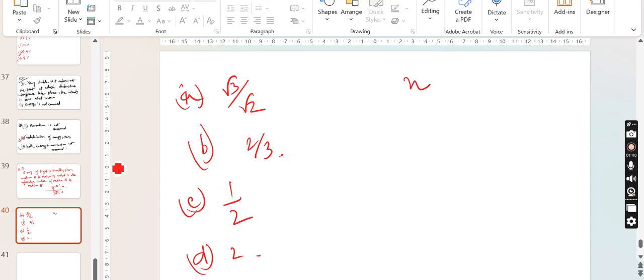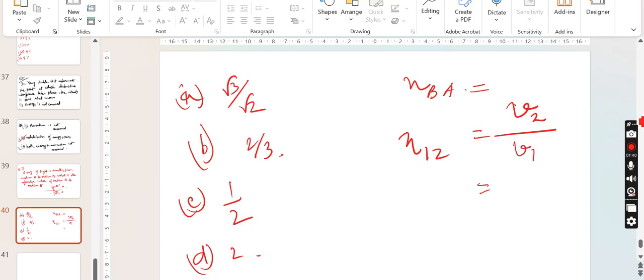So we need to calculate the refractive index of B with respect to A. When we need to calculate the refractive index of one medium with respect to another, the velocity is opposite. So it is the velocity in medium 1 divided by the velocity in medium 2, that means n2 by n1, that means sine i by sine r.